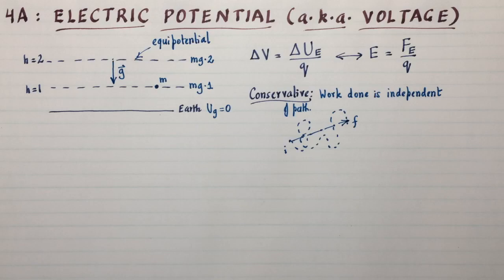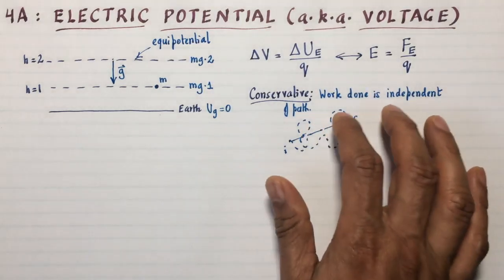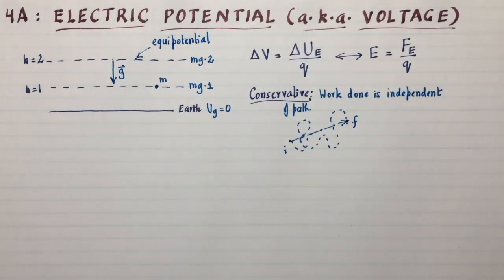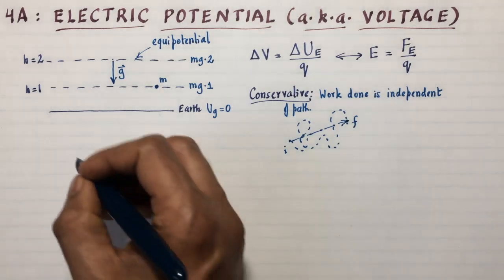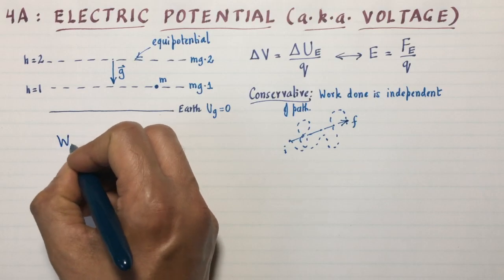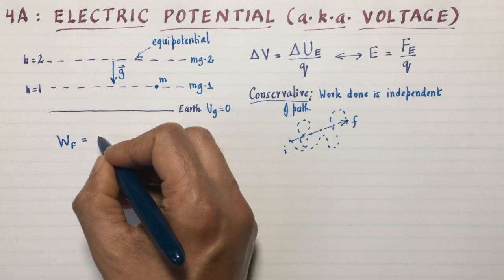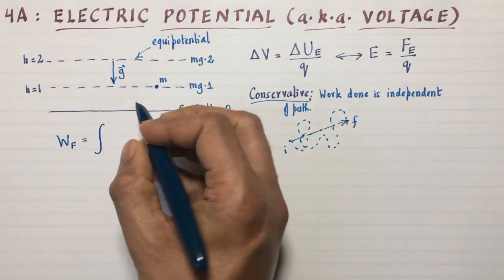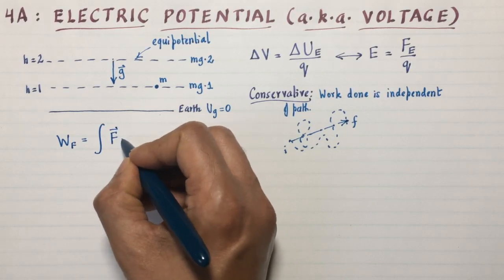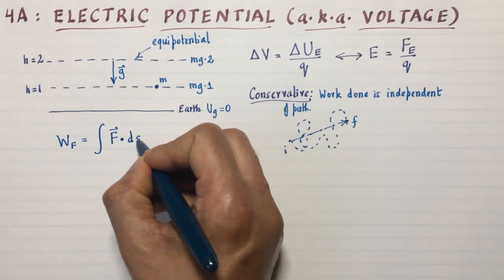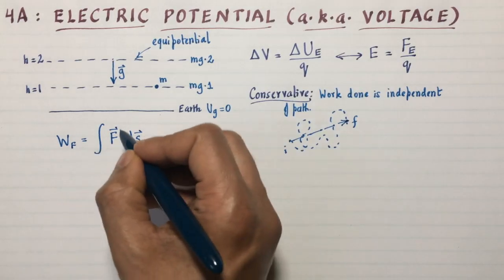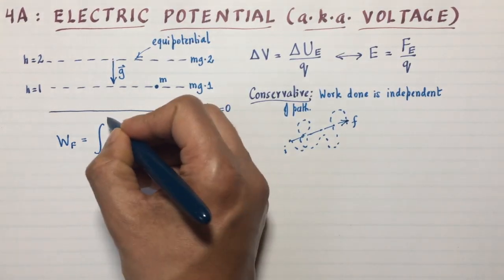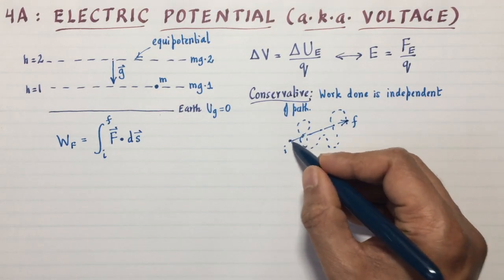Now, how do we summarize this concept? The work done is independent of the path taken. Well, the work done by a force is given by the integral of the force dotted with the displacement vector ds. That's a general definition of the work done by any force in UP1.